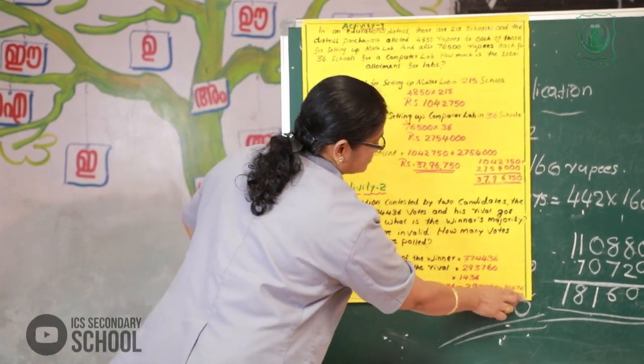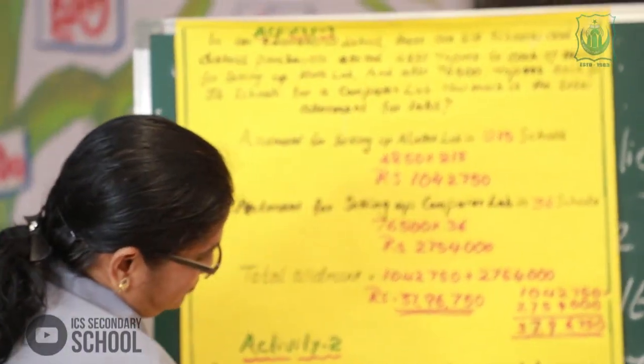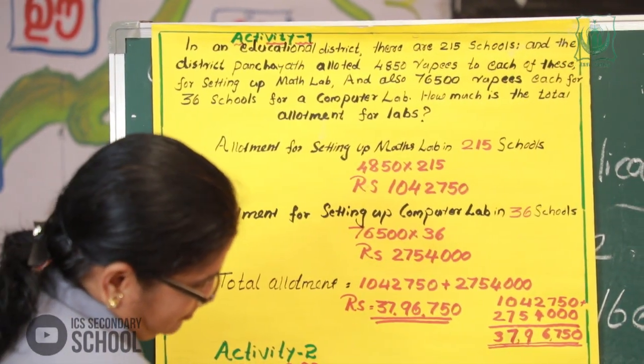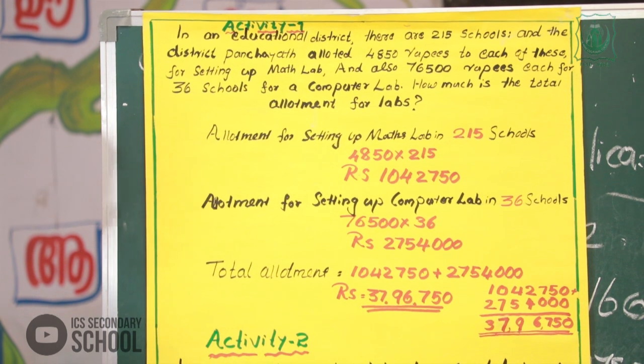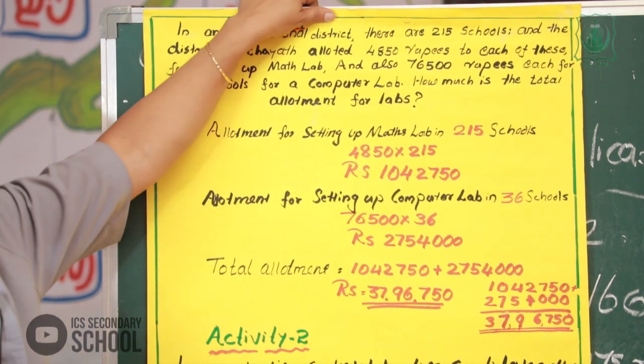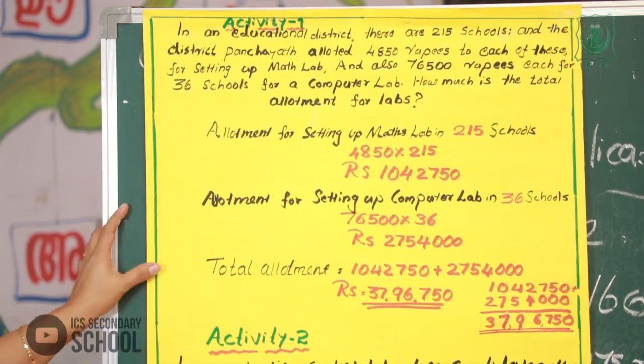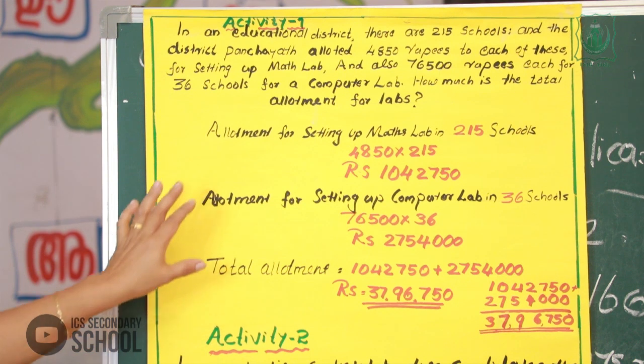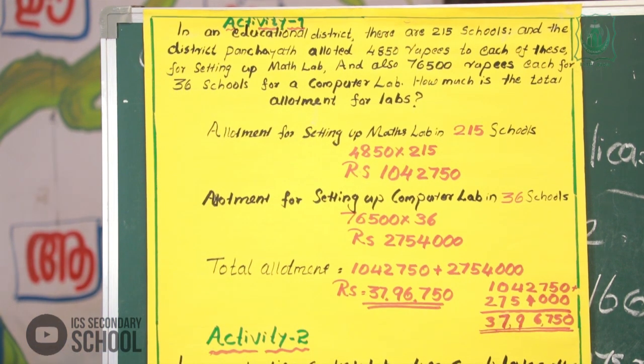Listen to the chart. Write down activity 1. This is a textual activity, page number 17.